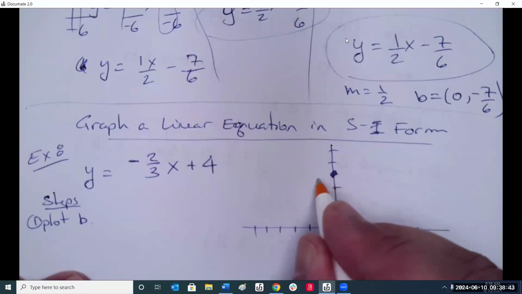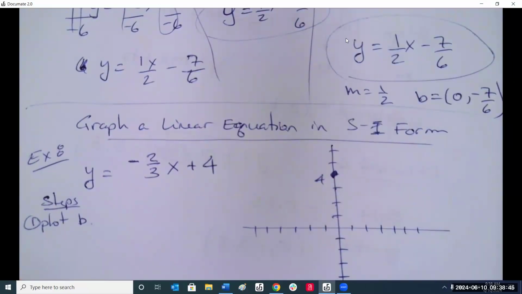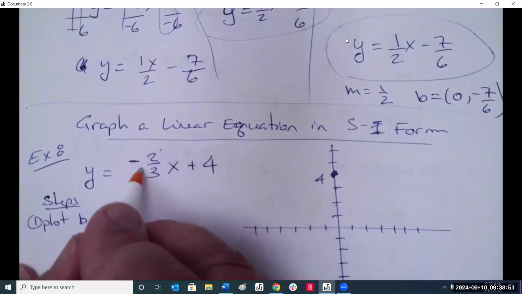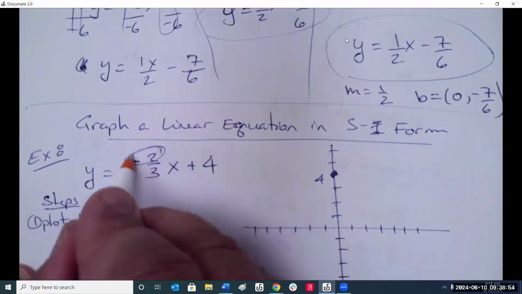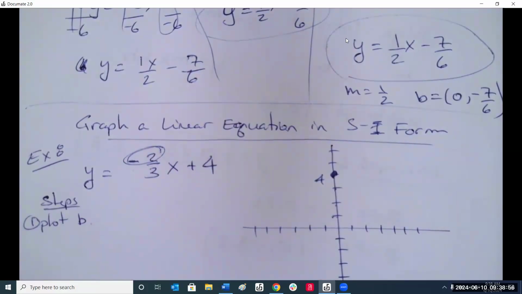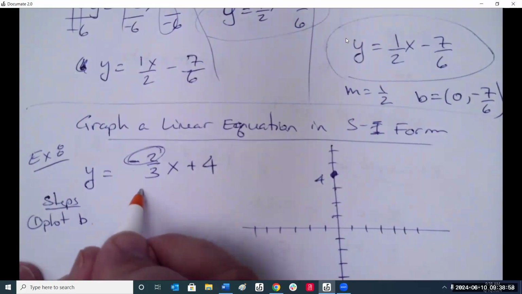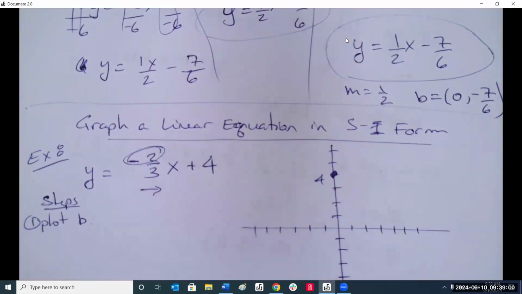So it crosses at 4. Yes. What does my slope tell me to do? Remember, if there's a negative in front, it always belongs to the top number, because the bottom number is always positive and always goes to the right.